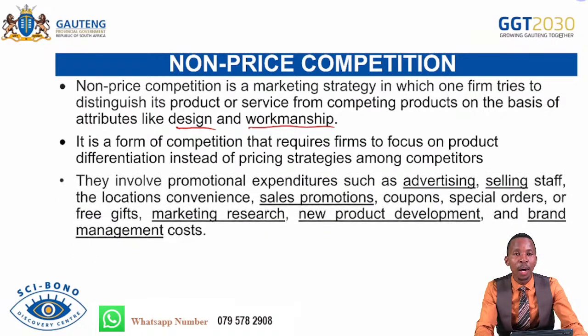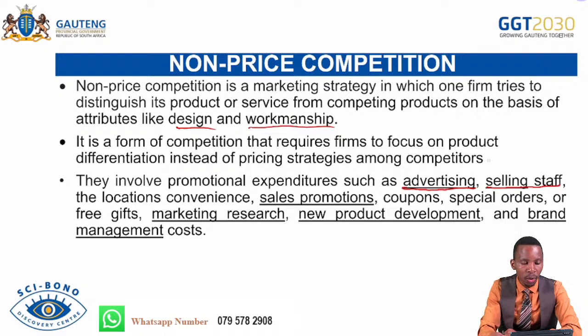Also, branding is one of those very important aspects of the non-price competition strategies. They involve promotional expenditure such as advertising. Firms under monopolistic competition do advertise to ensure that they capture the attention of consumers the most. And then they also consider location convenience, to ensure that the location is very convenient for their target market or consumers in order for them to access the product or the market.